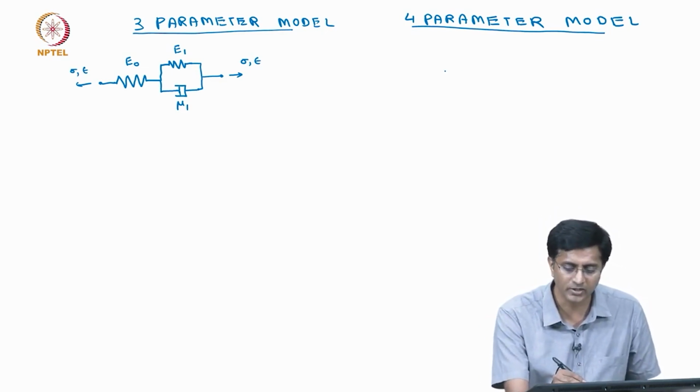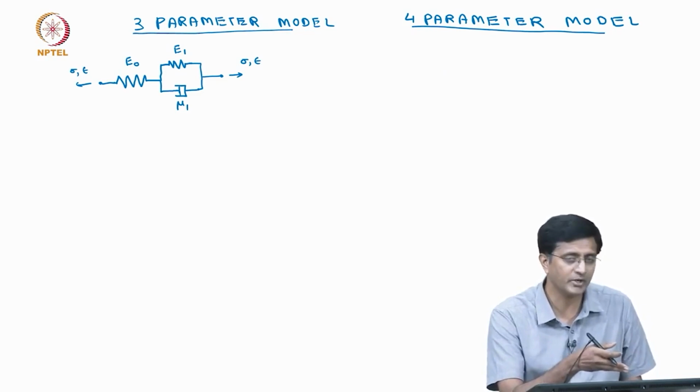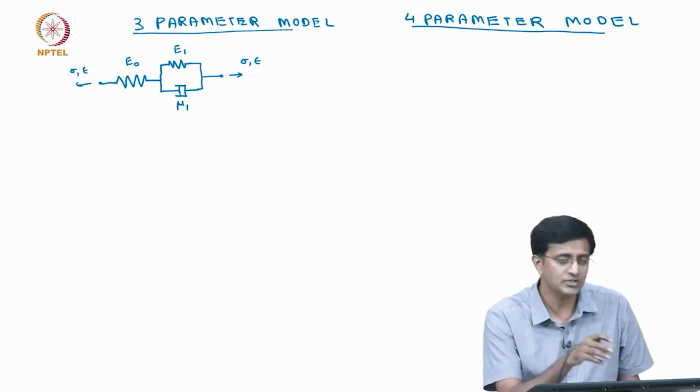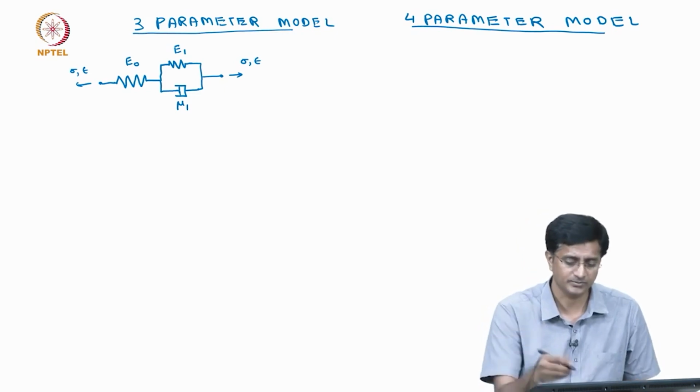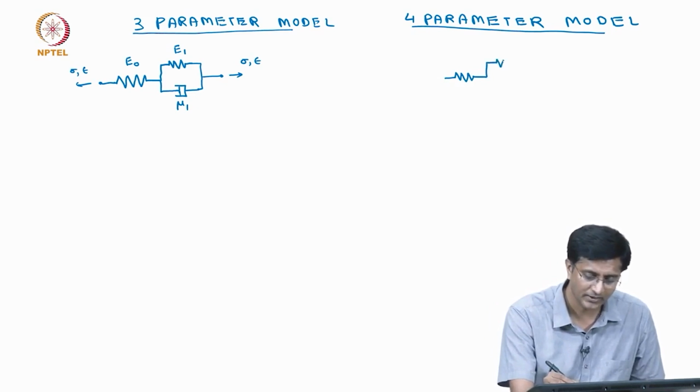And the 4-parameter model is pretty much close to the 3-parameter model, the only difference being that in addition to this, now we have a free damper. So we have the free spring, then the Kelvin model, and then a free damper.